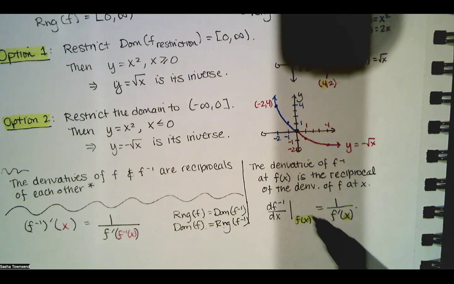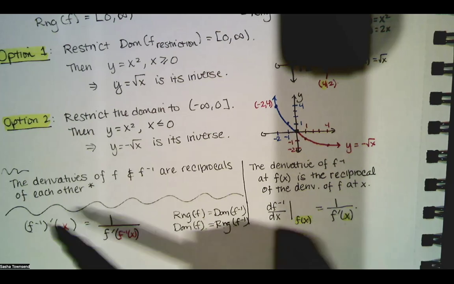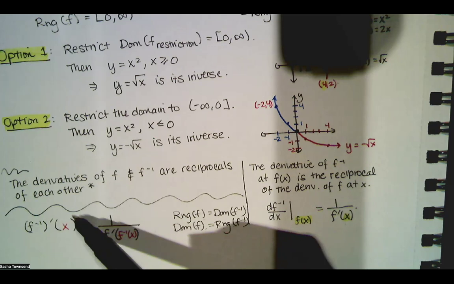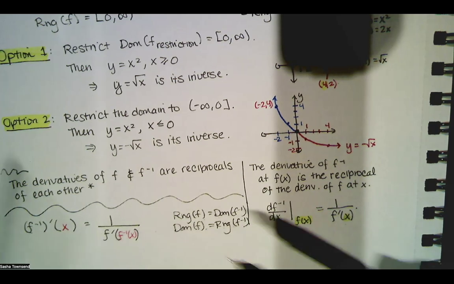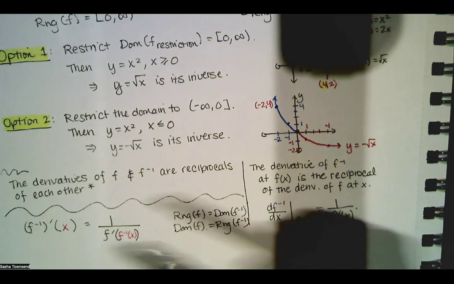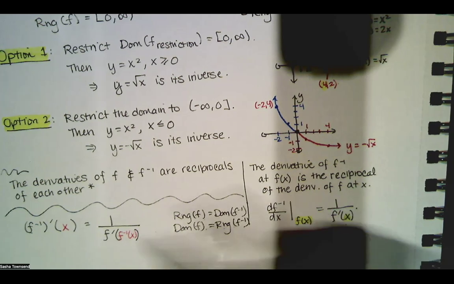So I can write this in terms of x's and y's that are in the domain and range of f, or I can write the formula in terms of x's and y's that are in the domain and range of f inverse. So either one is fine, and they're both accurate. They're equivalent to each other.